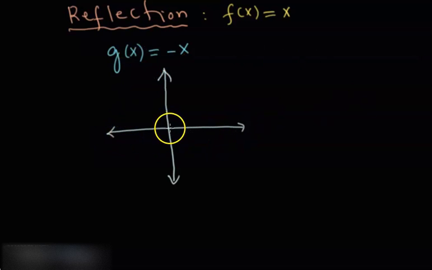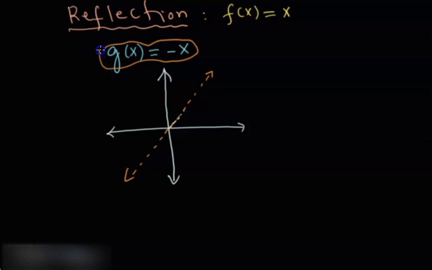We know that the graph of f of x equal to x looks like this. This is the parent function, but I don't want to plot this, I want to plot this function, which is the reflection of this function. Reflection means the mirror image of this graph.